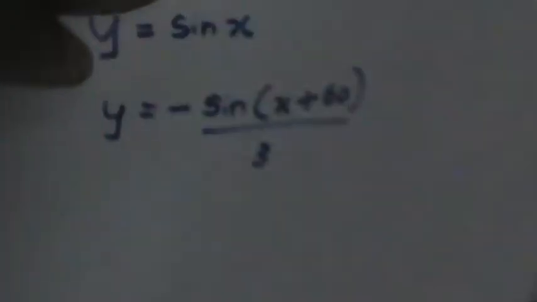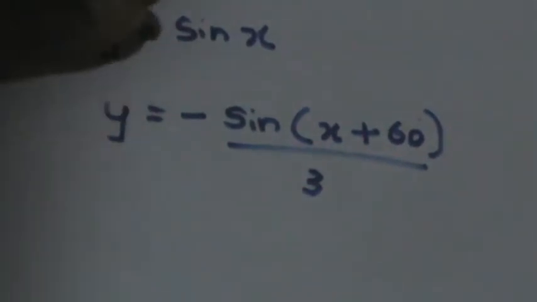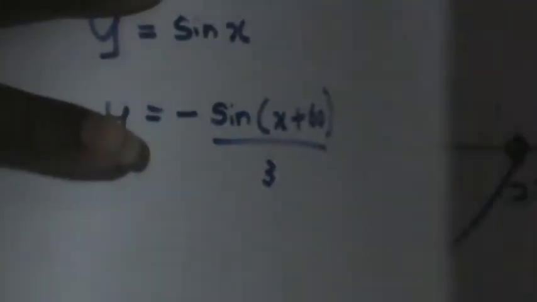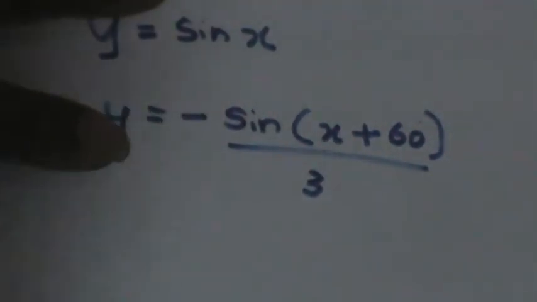But it will be easy, I think, if you draw it, because I have been teaching the graphs of y equals sin x, and I have drawn this. If you can draw y equals minus sin of (x plus 60), the whole thing over 3. And if you are drawing it separately, you can do it in a single step. You can do it in two ways.